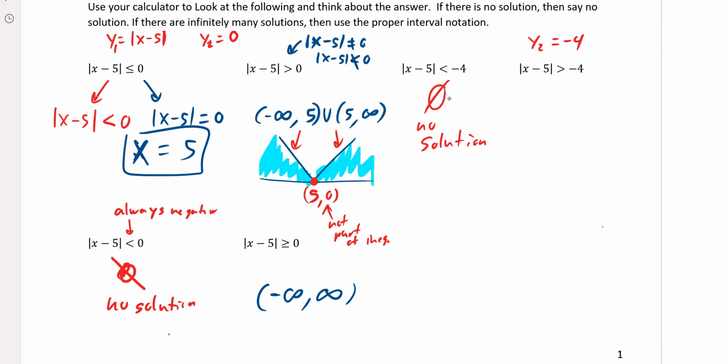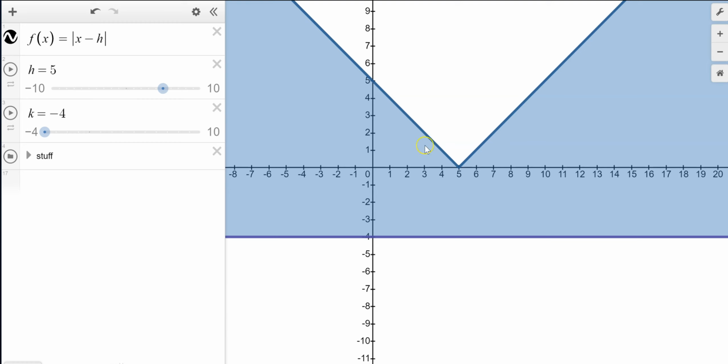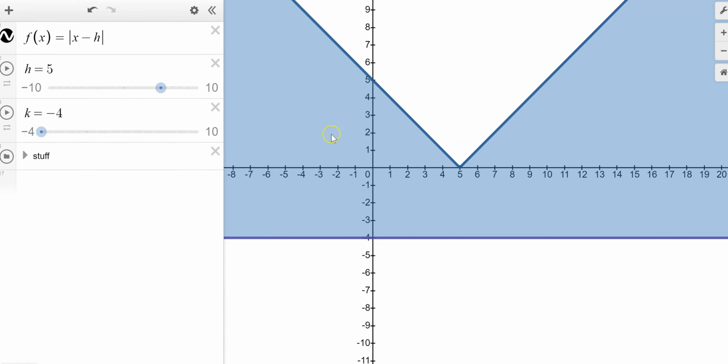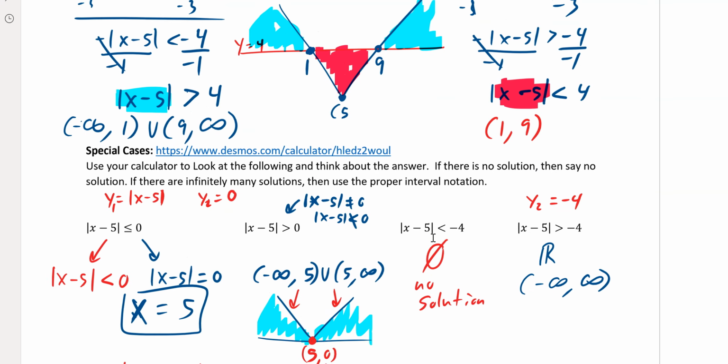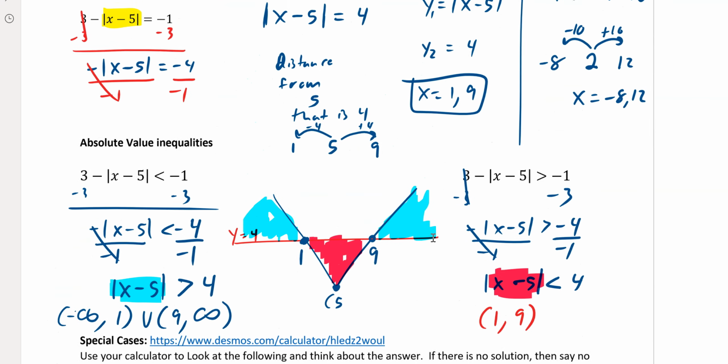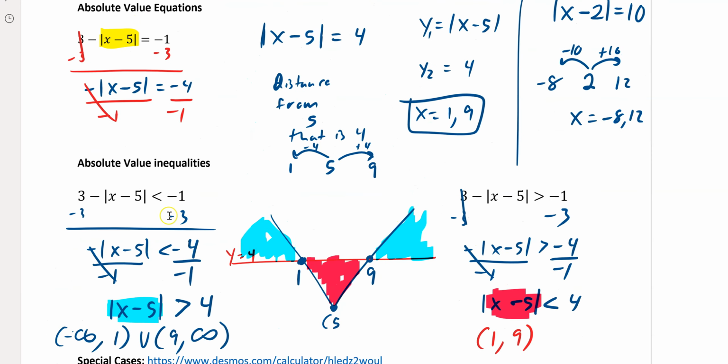And here it's saying absolute value is bigger than, so that is all real numbers. That is our negative infinity to positive infinity. So anytime you see a negative number, you're getting two solutions. If it's greater than, it's all real numbers, everything. And if it's less than, it's no solution. And that's it. These are all the special cases. So when you're looking at absolute values, you're just looking at those points of intersection and deciding what the answer is.